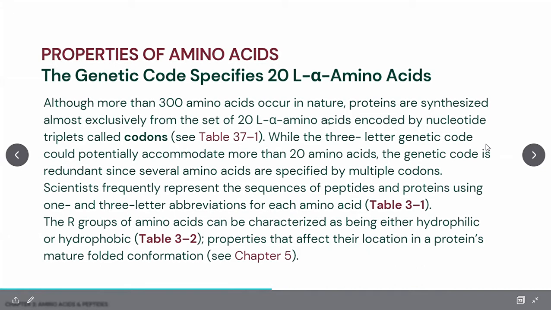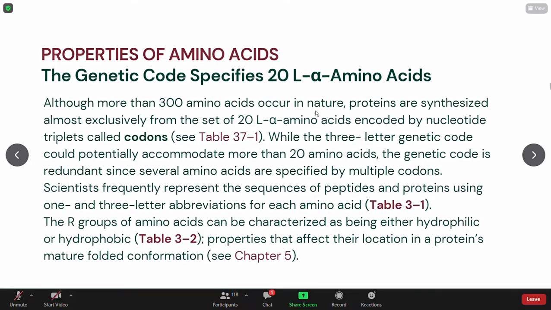And this is coded in the DNA, and a particular portion of the DNA or the gene is being transcribed, meaning it is being copied, and we have a messenger RNA.